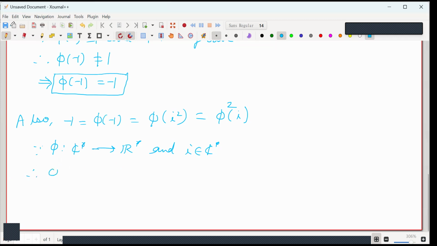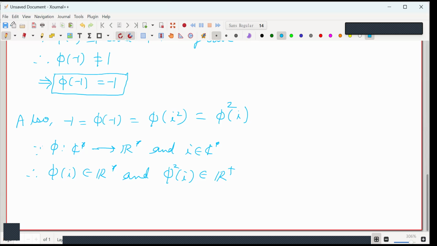So therefore phi of i should be inside R star, which is a non-zero number. And if you are taking a square of a non-zero number, it should be a positive number, right? Positive real number.